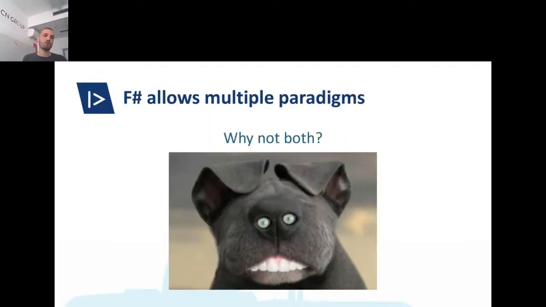What's really nice about F# is that it says, why not use both? We can take the best from both parts, and when you feel you need to step into the object-oriented paradigm, you can. If you feel you need to step into the functional paradigm, you can, and it's up to you to decide which one is the best.